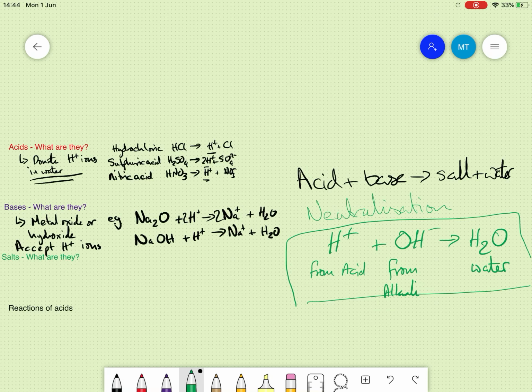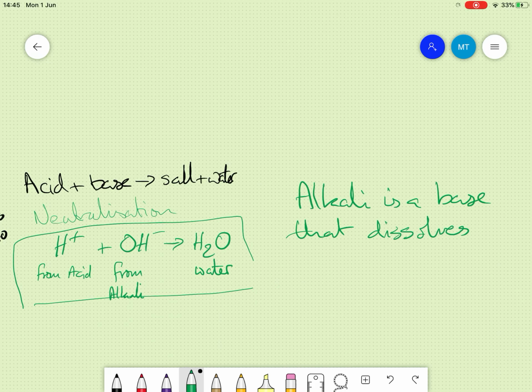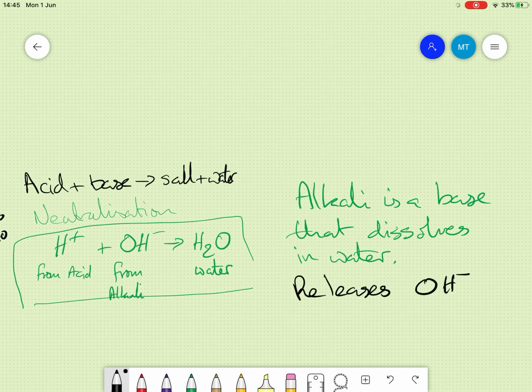Now, one of the terms I've used here is alkali. What's the difference between a base and an alkali? An alkali is a base that dissolves in water and releases OH minus or hydroxide ions.